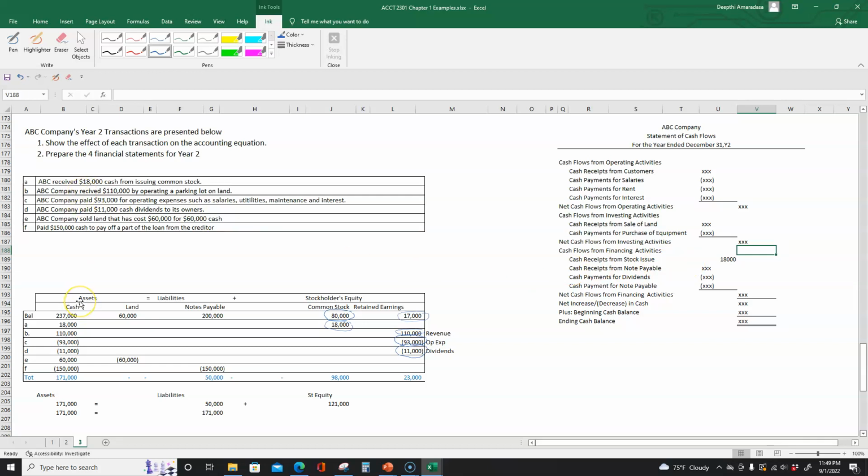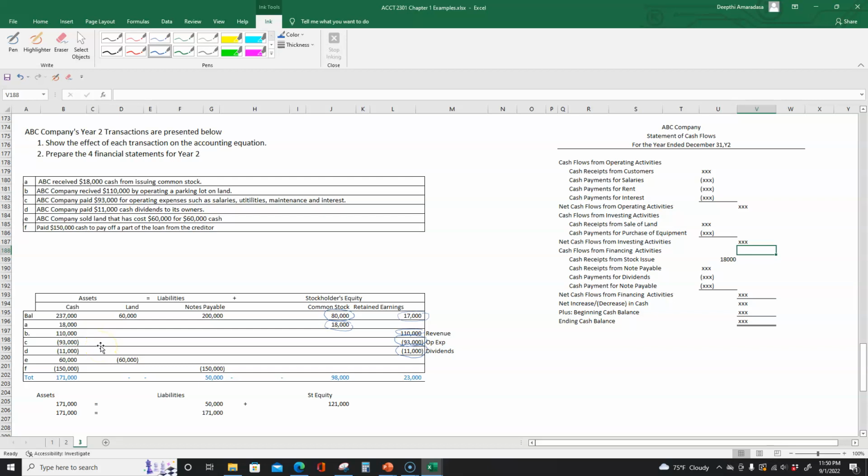Let's look at the second transaction. It says ABC Company received 110,000 by operating a parking lot on land. So here we got 110,000 in the cash account. What was that for? That was our revenue, by providing a service or selling goods. We were providing a service, letting people park on our land.